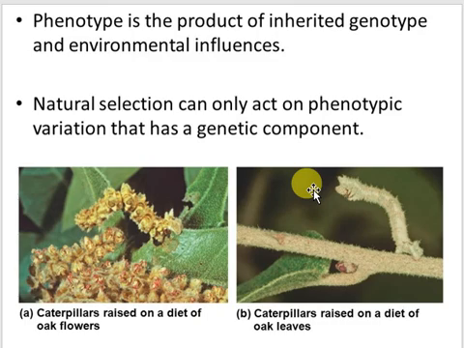It's not selecting on the specific allelic composition of that phenotype. So it's not selecting for which individuals are heterozygous or homozygous recessive or homozygous dominant. It's not selecting at that level. It's selecting at the level of the phenotype, so the actual variation in the trait itself.